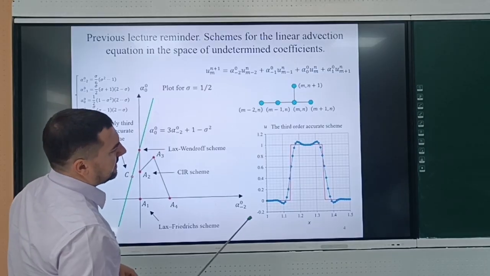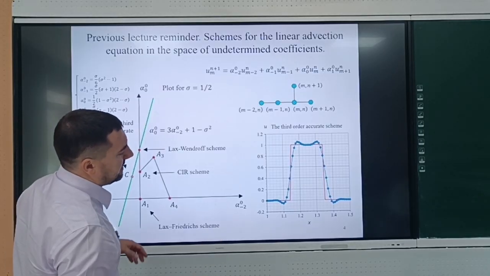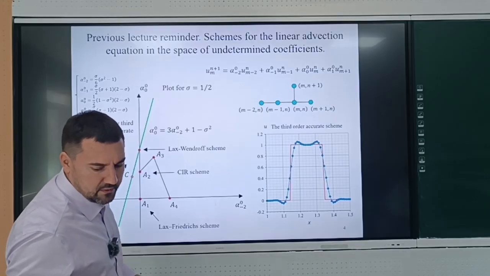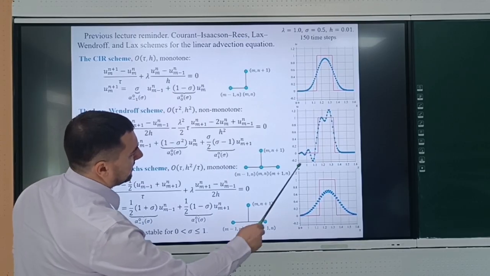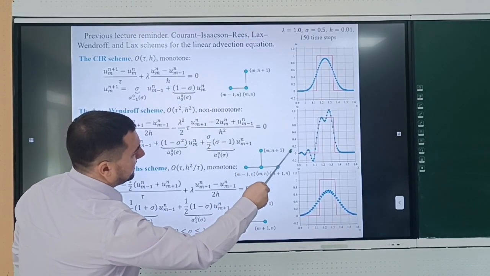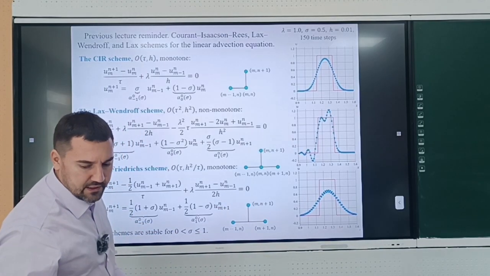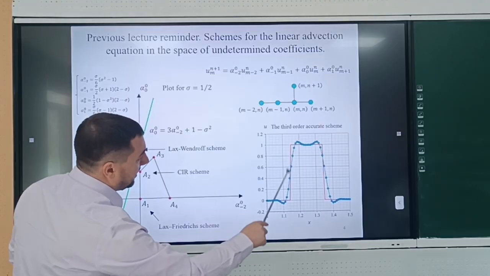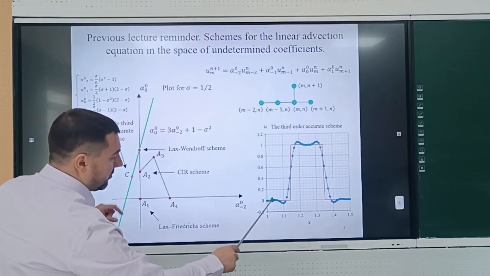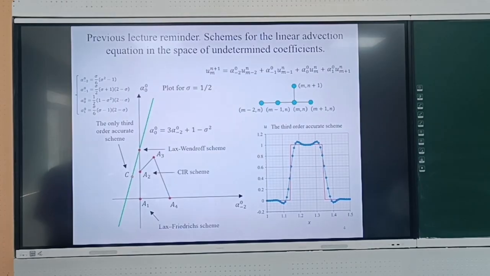But you can see that the result is much better than the Lax-Wendroff scheme, because there the oscillations go far to the left, and here the oscillations are localized. They're just small overshooting and undershooting. So that's also not a bad result.